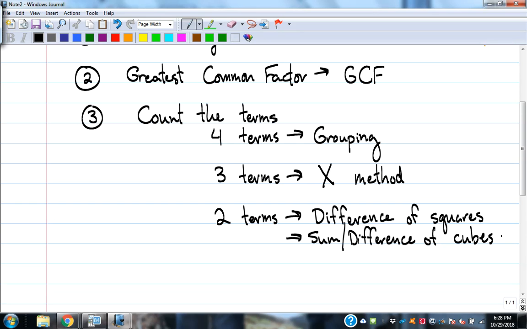And I'll teach you how to do each one of these when we get there. But the number of terms tells us which methods are even possible. So if it's got 4 terms, we know we can't do difference of squares with it. We can't do X method. It's got to be done by grouping. If it's got 3 terms, then we're doing X method, not differences of squares or sums of cubes. We're going to start out with small steps and build our way up to the harder ones.